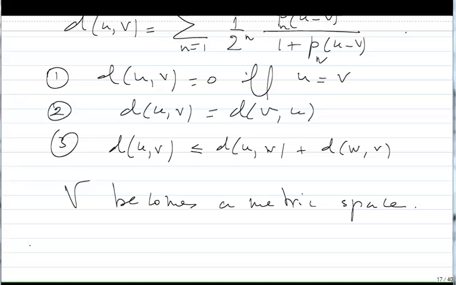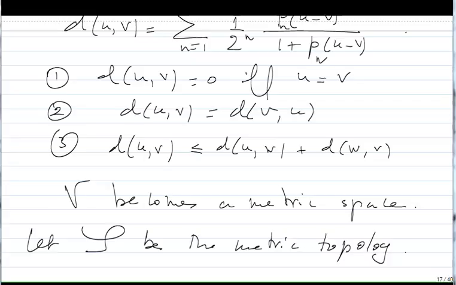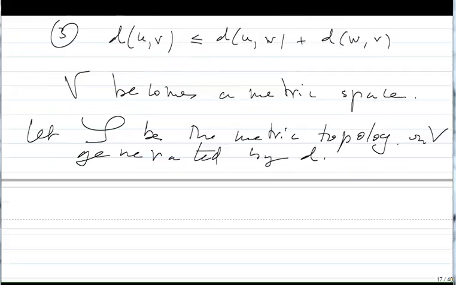So let S be the metric topology generated on V by D. Okay? So here, given this countable family of seminorms on V with the separation property, we're able to come up with the topology T, which is Hausdorff.